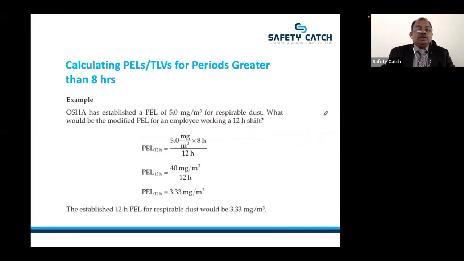Anyway, these are the problems which come in the CSP exam. If you are interested, you can note it down. OSHA has established a PEL of 5 milligrams per cubic meter for respirable dust. What would be the modified PEL for an employee working a 12-hour shift? So 5 into 8 by 12, which comes to 3.3, is the revised value.